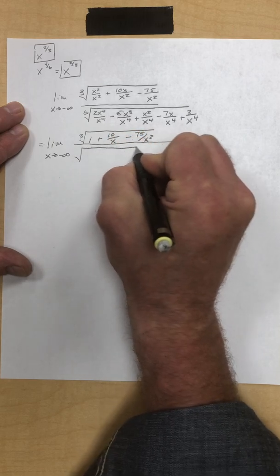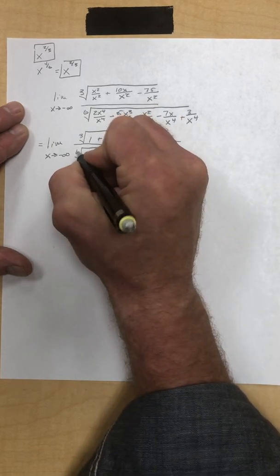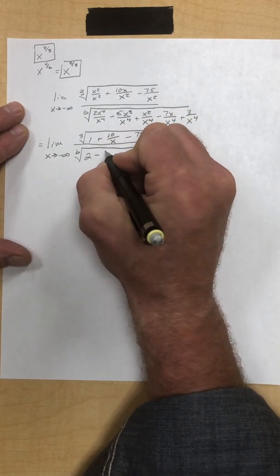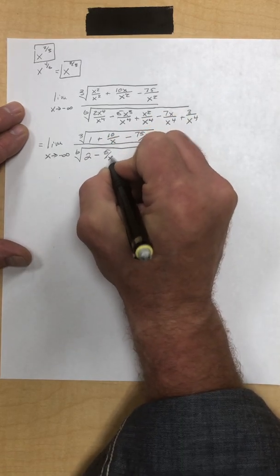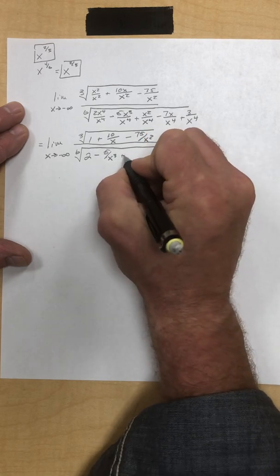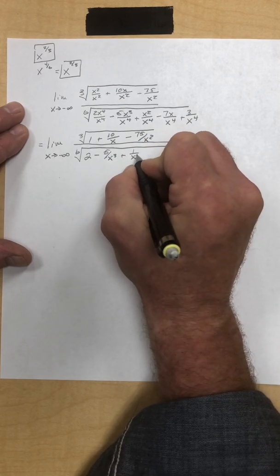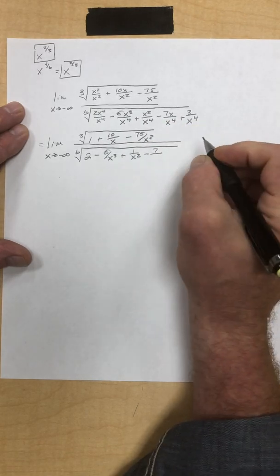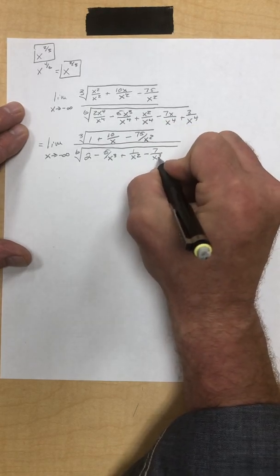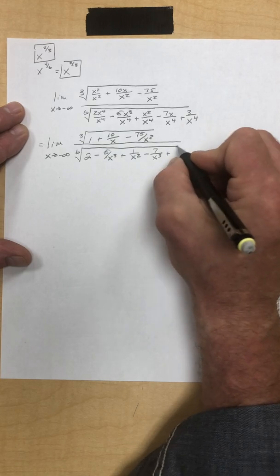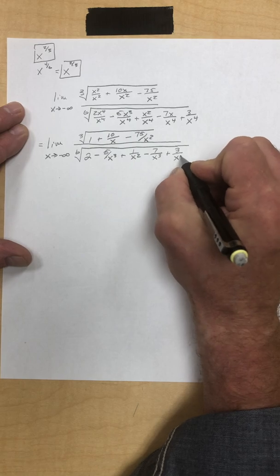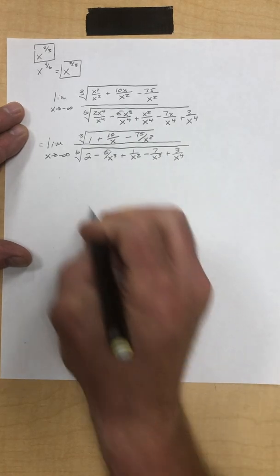And then I simplify down below, and notice I'm going to have 2 minus 5 over x cubed plus 1 over x squared minus 7 over x cubed plus 3 over x to the fourth.